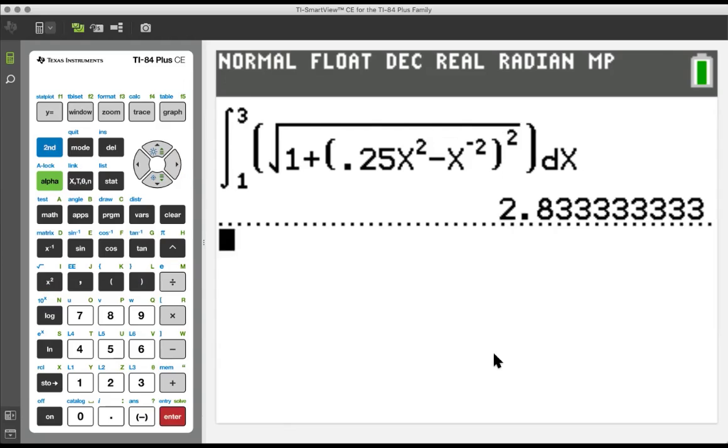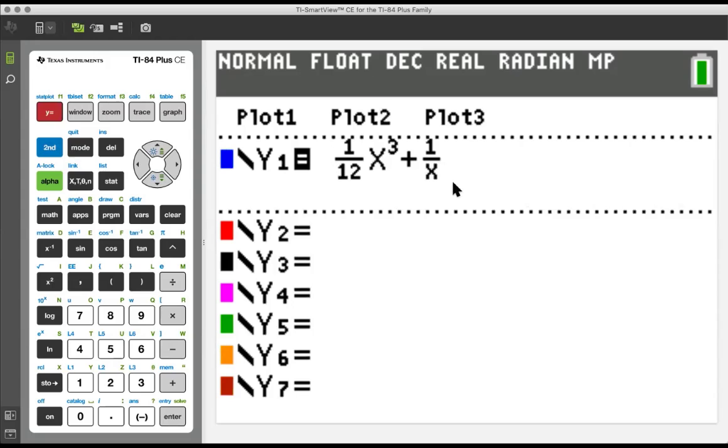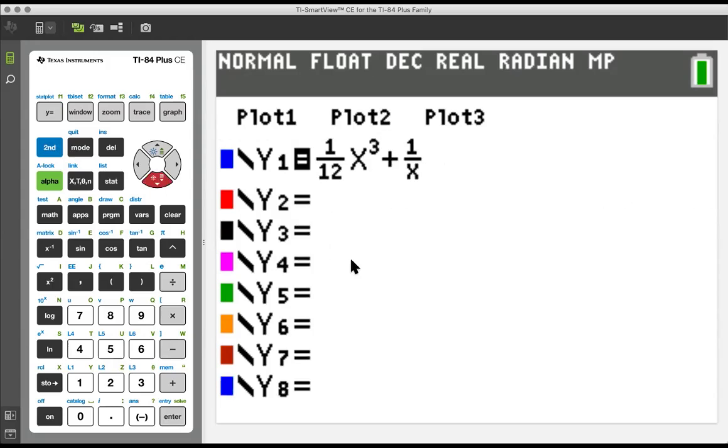Of course, there are a lot of different ways you can use some of the built-in features of your calculator to make this even easier. If this was strictly a multiple choice question and you did not want to run the risk of doing that derivative wrong, one thing you could do is, if you have your function under y1, you can set up y2 to find the derivative of what you have under y1.